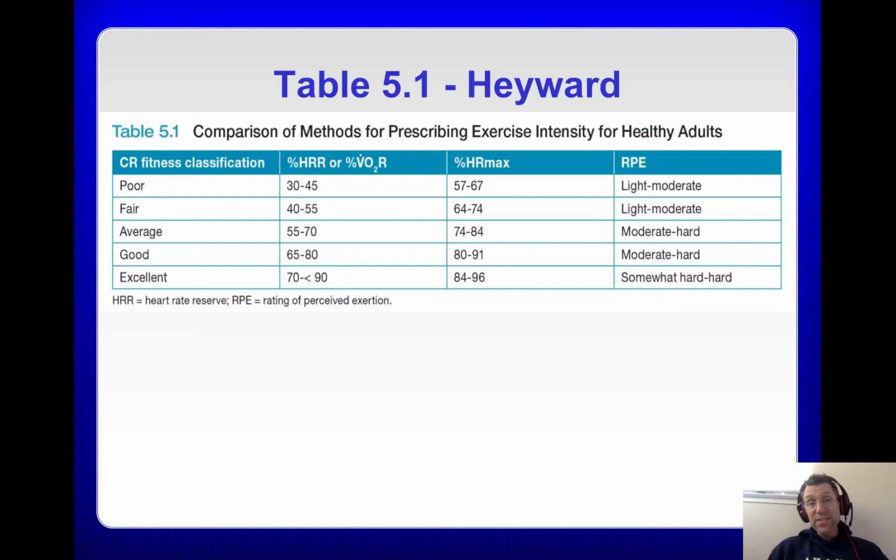Table 6.1 in ACSM is a very similar chart, but use the values in ACSM over this. There are slight differences, they don't always jibe between Heyward and ACSM. So use ACSM as the preferred resource for these values, but this is at least a little bit less confusing chart or table than ACSM presents.